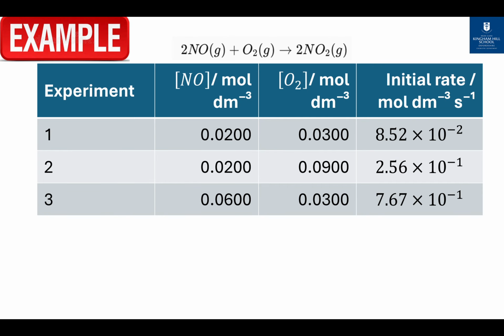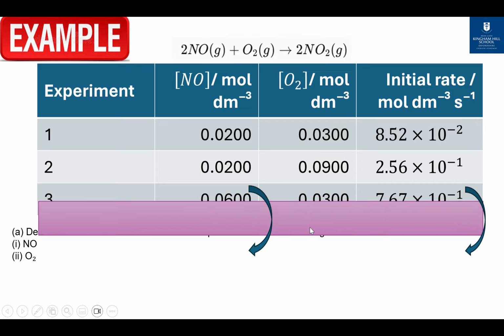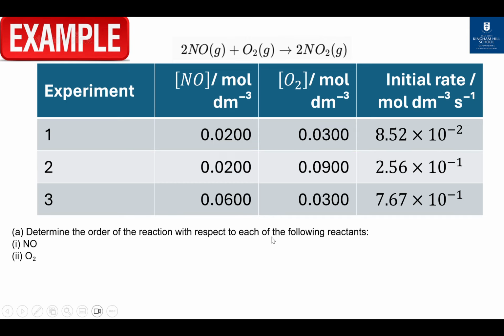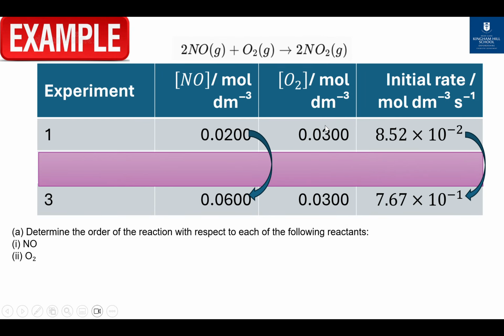What you can see here, we're going to determine the order of reaction with respect to each of the reactants. So we want to look at the data, and if I want to start with the nitrogen monoxide, I want to find two experiments where the concentration of O2 remains constant and the concentration of the NO changes. If I go back to see here, now you can see this is constant and this is changing.